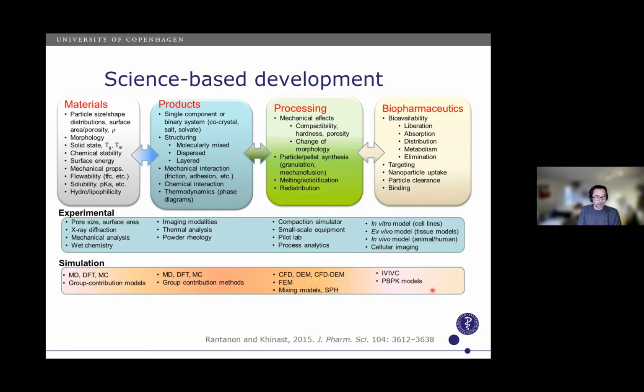So what we have collected here, in this simple illustration, is trying to contrast this experimental work with the simulation work. We can do lots of similar experimental work in different steps of product design, and then use computers to help us in understanding these observed phenomena. And much of the mathematics and programming is very similar.